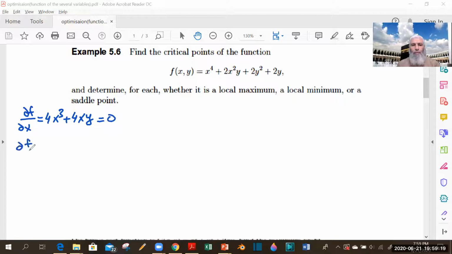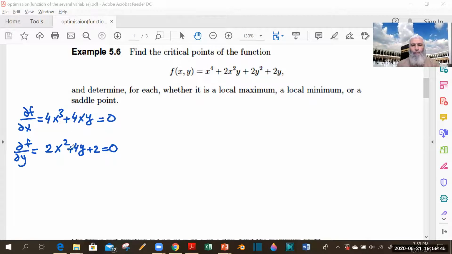And df/dy equals to what? It equals 2x squared plus 4y plus 2. This will be equal to 0. And we need to solve these two equations.